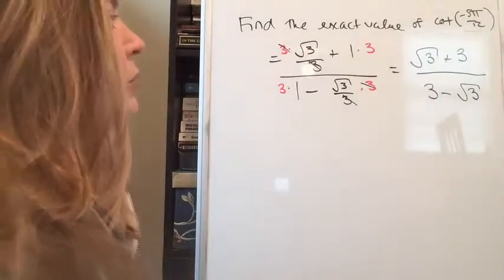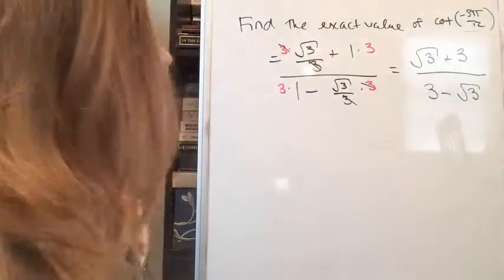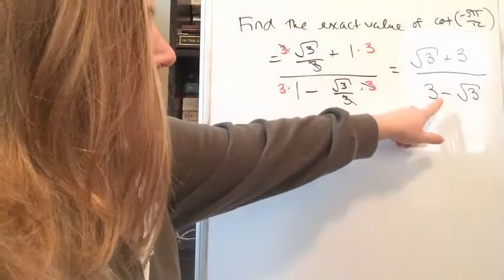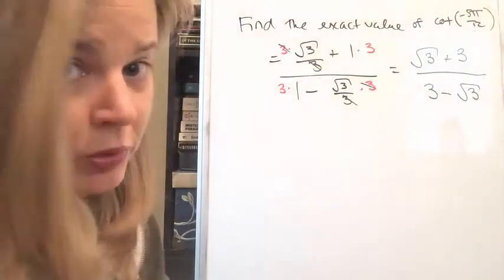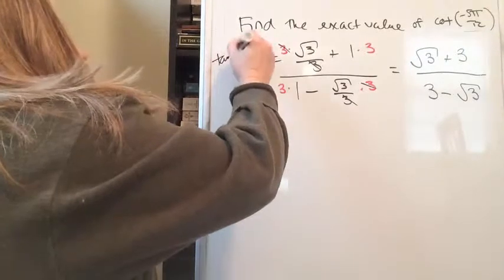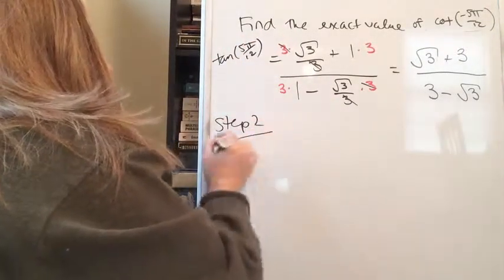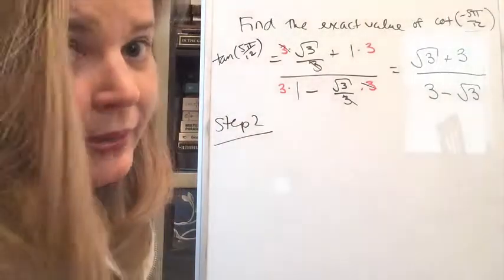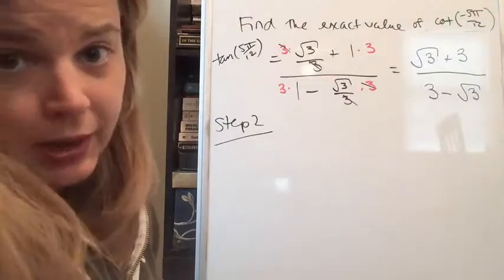All right, now if this was just a tangent problem, I would rationalize the denominator now, multiplying by the conjugate 3 plus square root of 3. However, remember we were solving for cotangent, and since this is tangent, I'm now going to flip it. I think it's easier to flip it first, find the reciprocal, and then multiply by the conjugate.